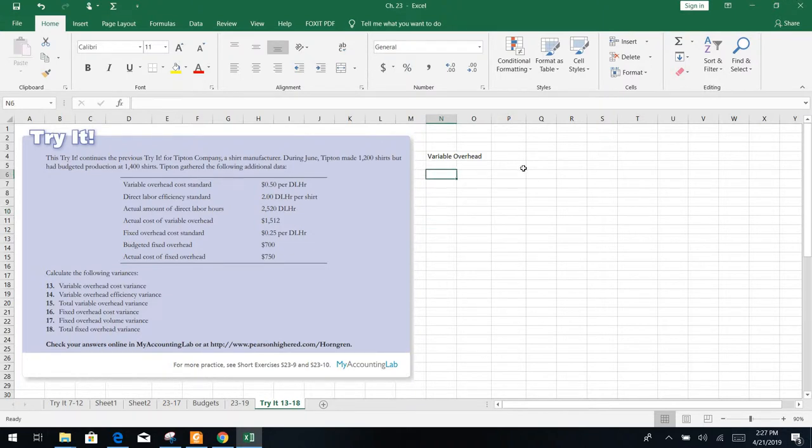You might remember, in order to solve these variable overhead amounts, you need to have AC, SC, AQ, and SQ. The way I remember that is kind of silly, but with these mnemonic devices or memory tricks, the sillier they are, typically the better they work.